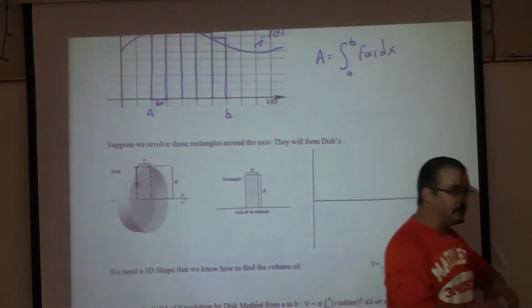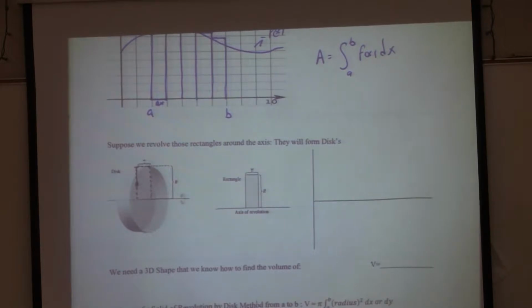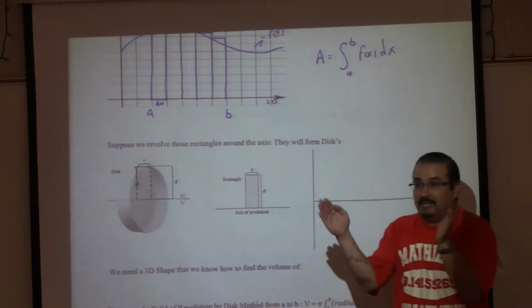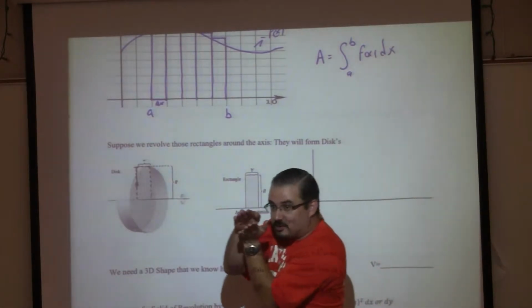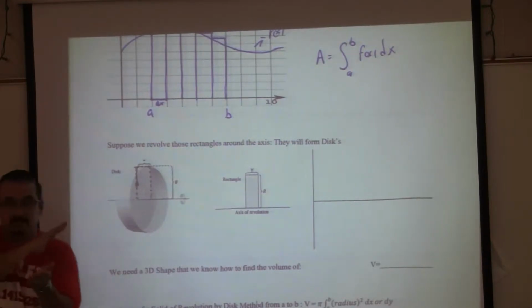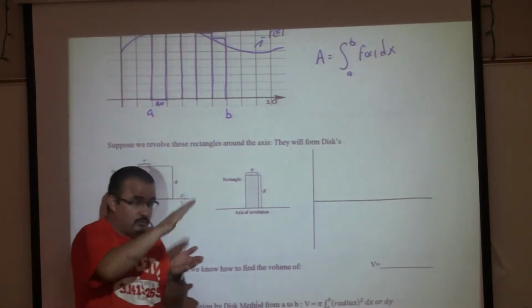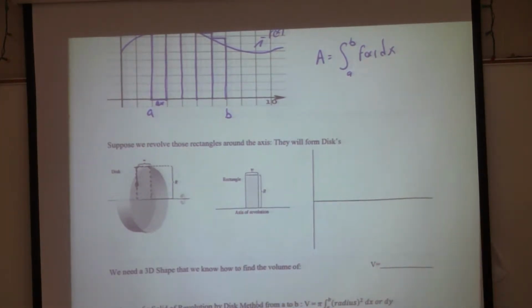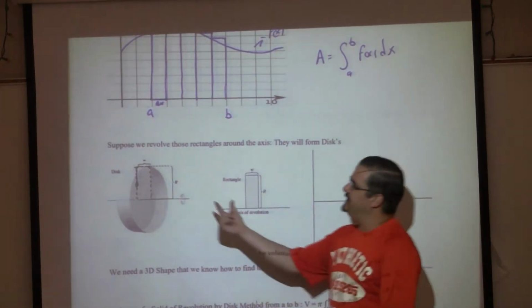Closer and closer to 0, so that way I could have more and more what? Disks, not really cylinders, right? Because the height of those cylinders is going to become so small that they're going to be really tiny, right? So they're going to just be like little what? Little disks. You understand? That's why they call it the disk method. But yes, it would be a cylinder.